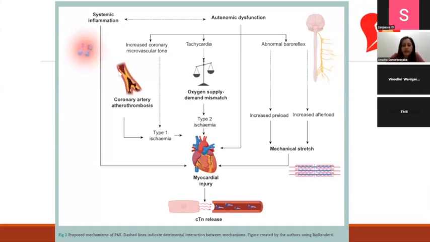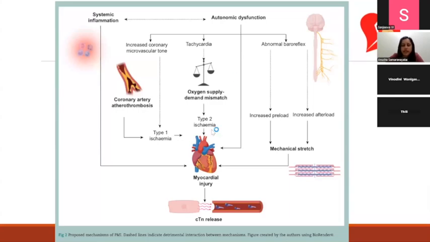In the coronary arteries, there is atherosclerotic disease and unstable plaque, then the plaque ruptures, resulting in platelet aggregation and thrombus formation, resulting in obstruction of the coronary vessels, and beyond the obstruction, there is reduction in the blood flow. So there is myocardial injury, ischemia, and ultimately myocardial infarction and death.